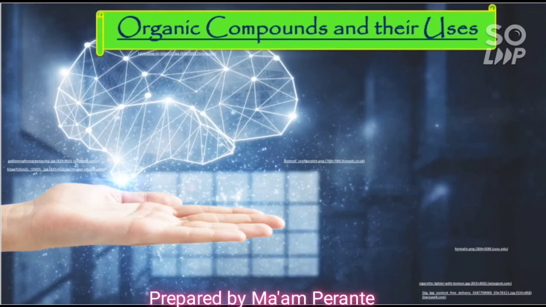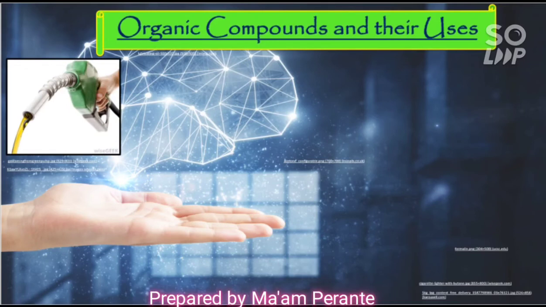So let us now know more about organic compounds and their uses. For example, gasoline is very useful in transportation because it is used as a fuel for many vehicles, and many cars can run on gasoline. So, obviously, gasoline is one significant part of our daily living and an example of an organic compound.